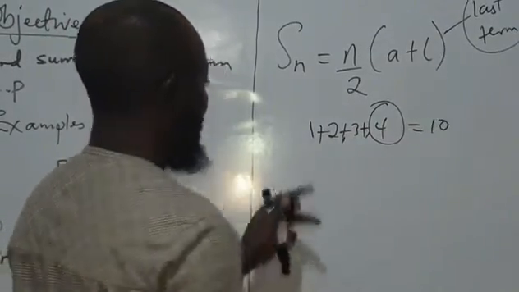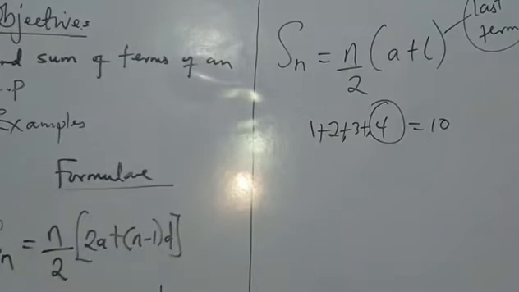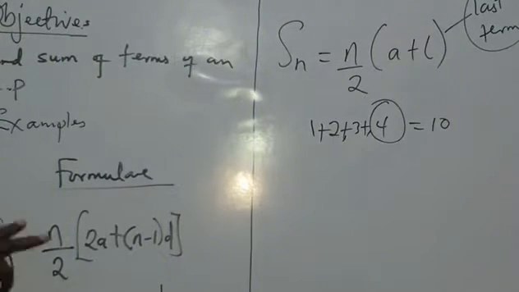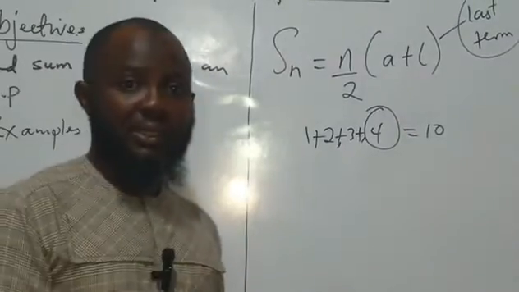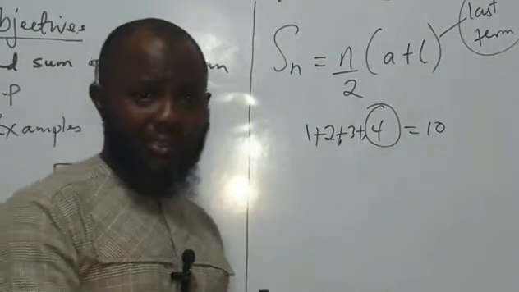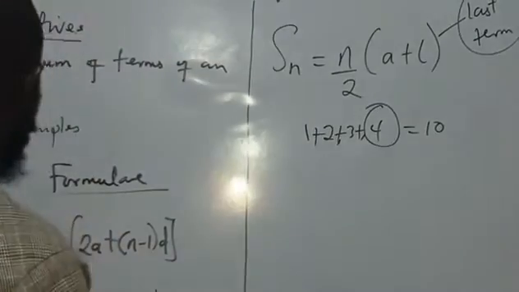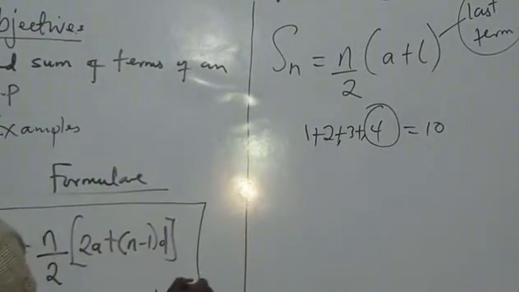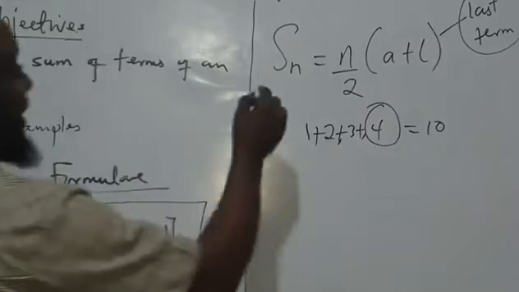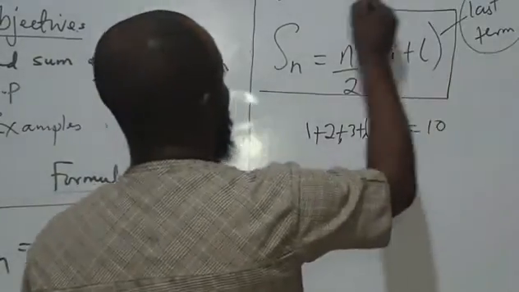10, right? Now we're going to make use of the two formulas and see how to apply them. Then we look at other questions and see how we can apply them. So just make sure that you have these two formulas at the back of your mind.